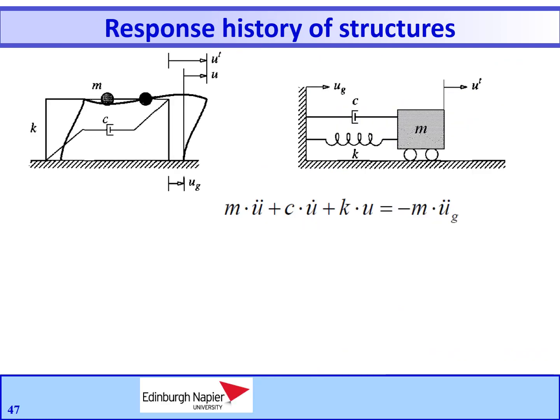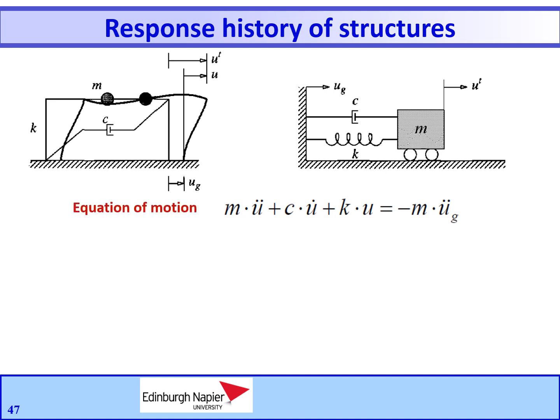Now that we have a good understanding of the different time history recordings that we can work with based on earthquake excitations, it is worth thinking about how these are related to the actual response of structures. Think about them as the external excitation to your single degree of freedom structure.